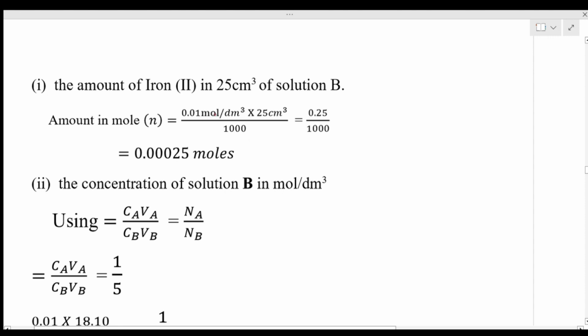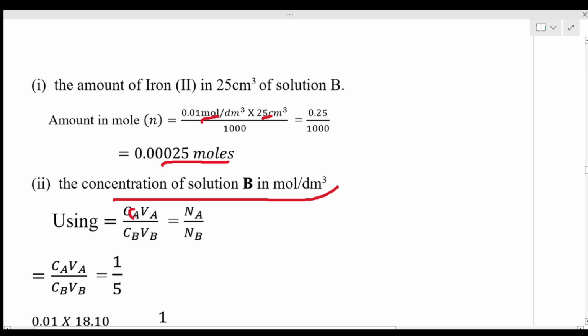You can see it here. When you multiply by this, you have 0.002 moles of B. Now, the second one says calculate the concentration of B in mole per dm3. We can use CaVa over CbVb, where Ca is the concentration of A.